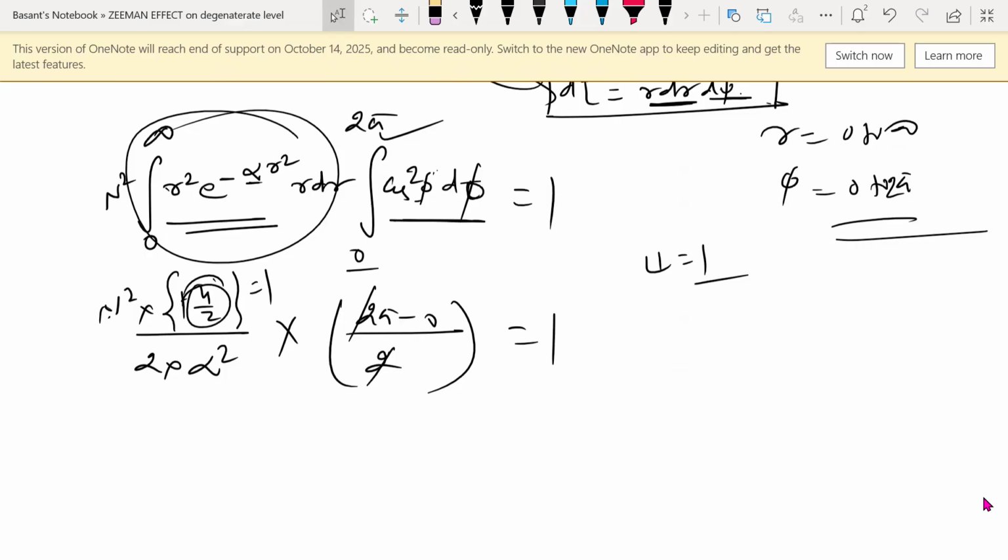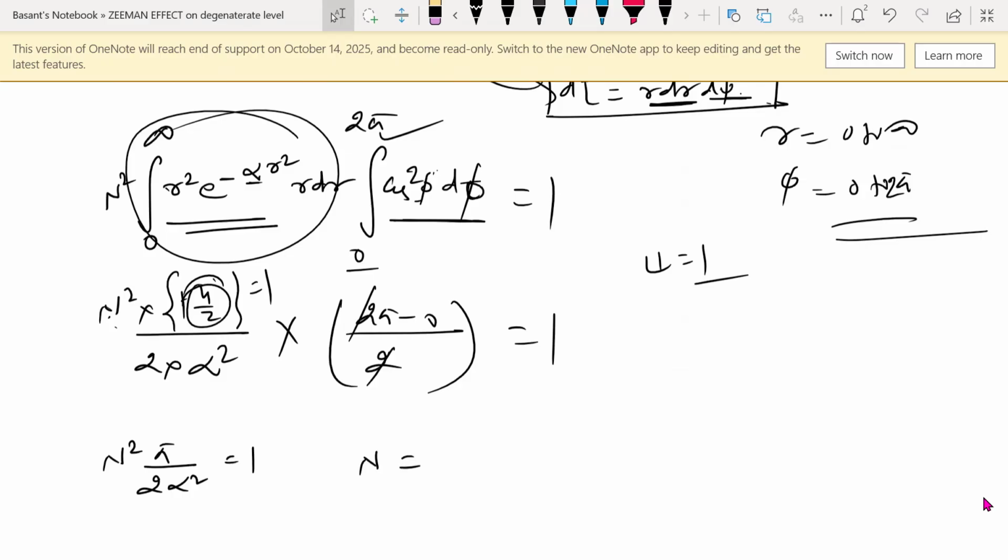And now this becomes N square pi by 2 alpha square is equal to 1.